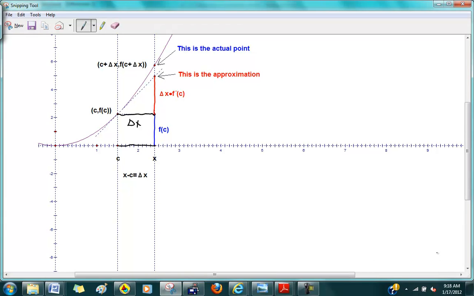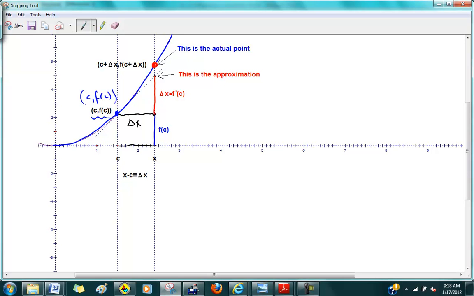All right, so you are given this function, the blue one there, and you're given a point on it, c, f of c, as you see here. Then you're asked to move that point from there to there.